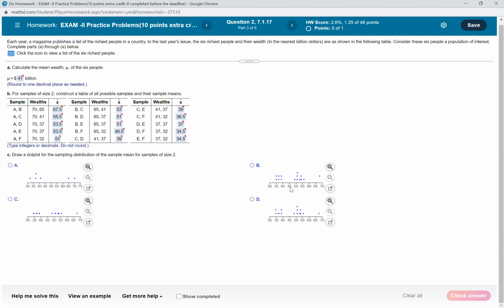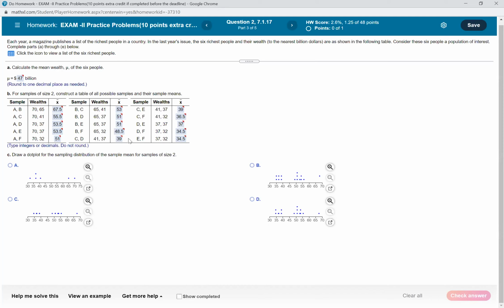So now we have to check these two. You can see at 35, we have 2 numbers here, but do we have 2 numbers at 35 here? No, we do not. Oh yeah, I think we have 2 numbers at 34.5. Okay, and at 49, we have also 2 numbers here.